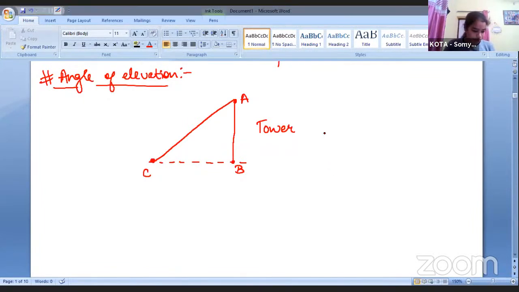So let me tell you first of all the definition of line of sight. Just write it if you want.